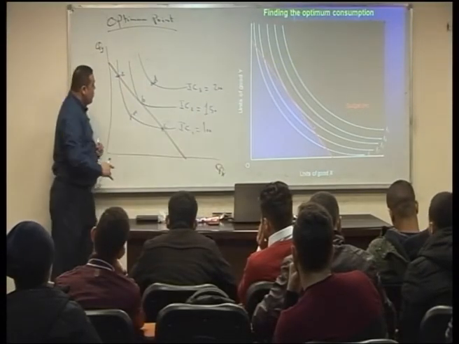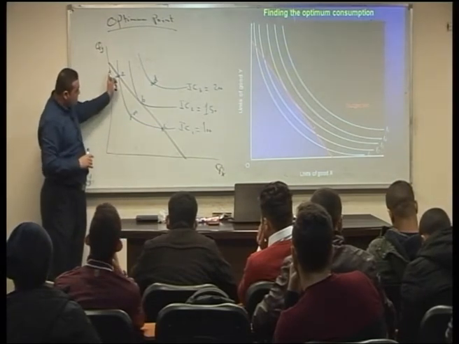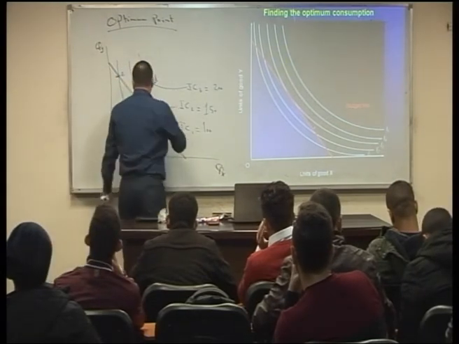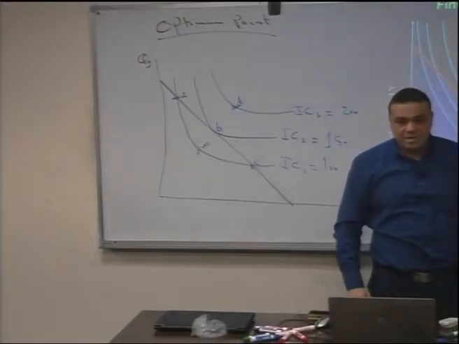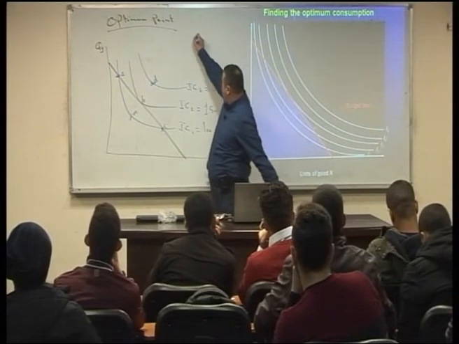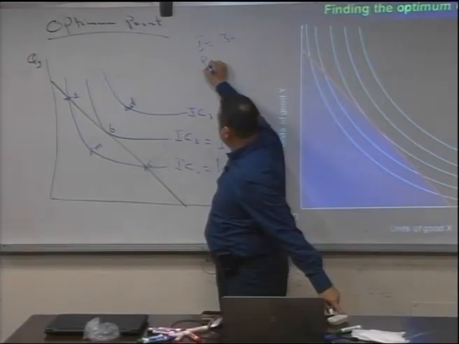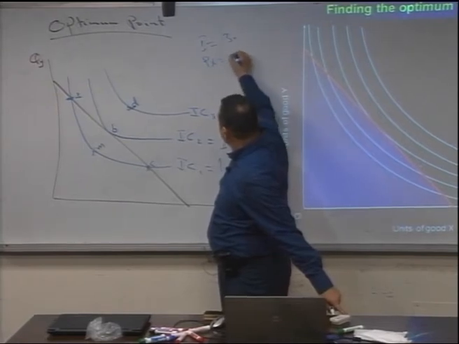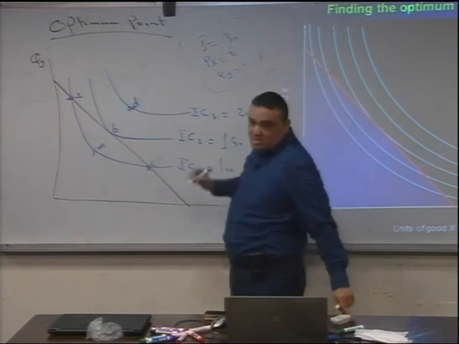What about the points lying along the budget line? The consumer's income, the spending, equals 30, and the price of X equals 2, price of Y equals 1. These are the main assumptions here.